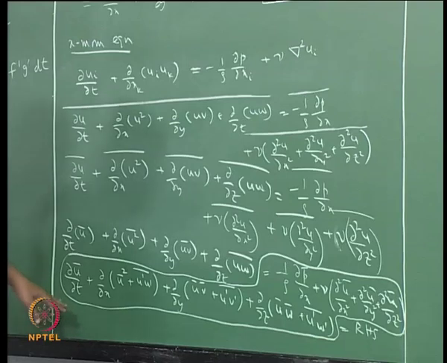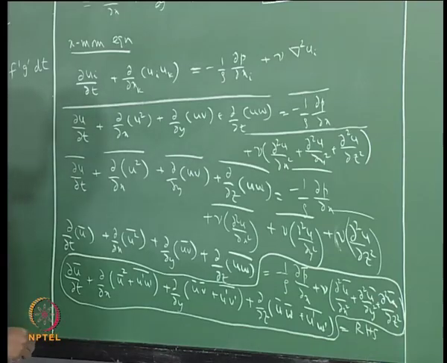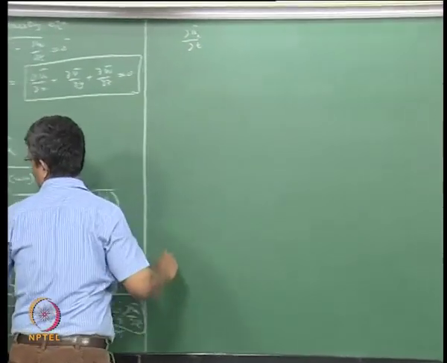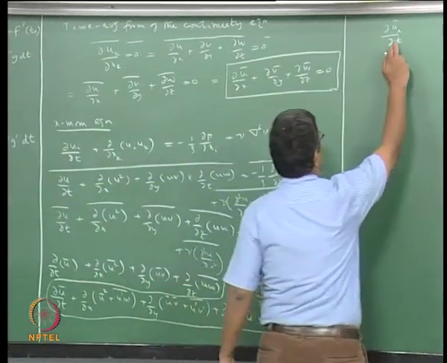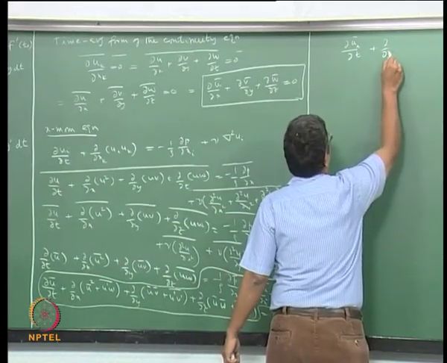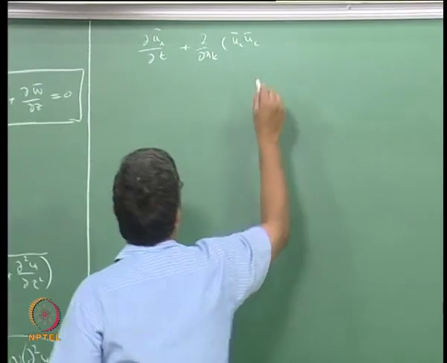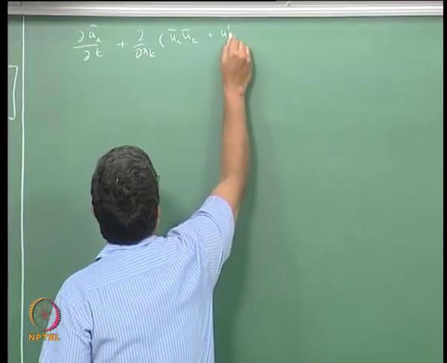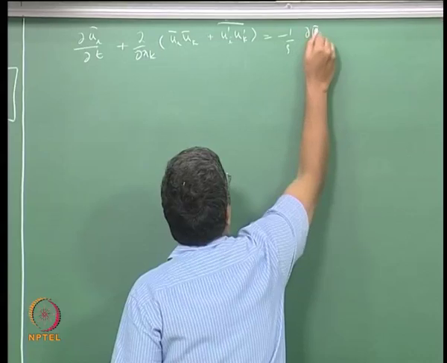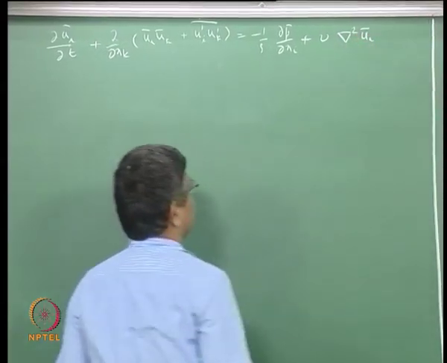So we can write this in this succinct way and say that the time average form of this is equal to dou u i bar by dou t, and here dou by dou x k of u i bar u k bar plus the average of u i prime u k prime, equal to minus 1 by rho dou p bar by dou x i plus nu del square u i bar.